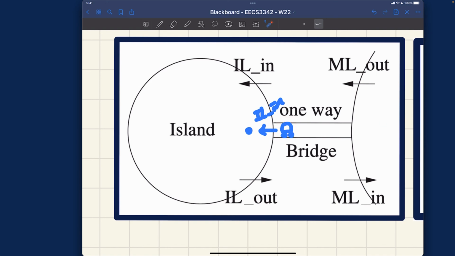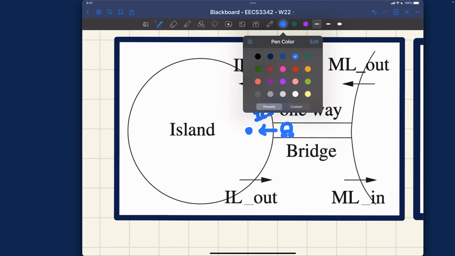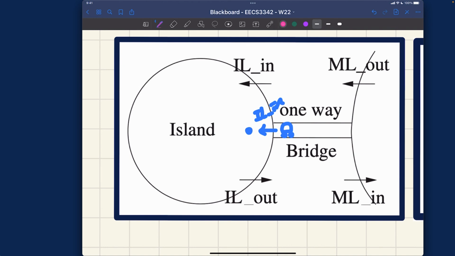So what I meant was, there should be a corresponding occurrence. Let me use a different color over here. Corresponding occurrence of ML out, meaning that the same car is leaving the mainland and goes onto the bridge, heading to the island, right? So that's just the corresponding occurrence. So that'll be the ML out. Even though there are different events over here, you should know that this car over here is the same car as this one over here, right?